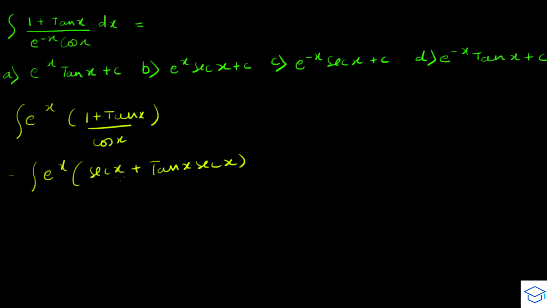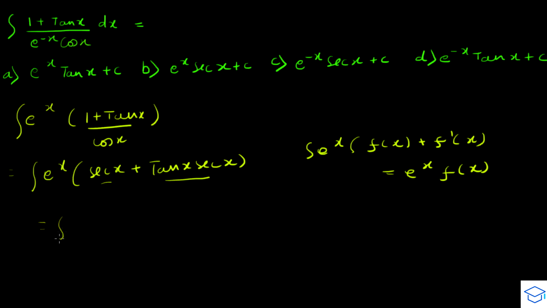So as you can see, it is of the form integral of e to the power of x (f of x plus f dash of x), which is equal to e to the power of x f of x, as secant x derivative is tan x secant x. So this is f of x and this is f dash of x, which will be equal to e to the power of x secant x plus c. So B is your answer.